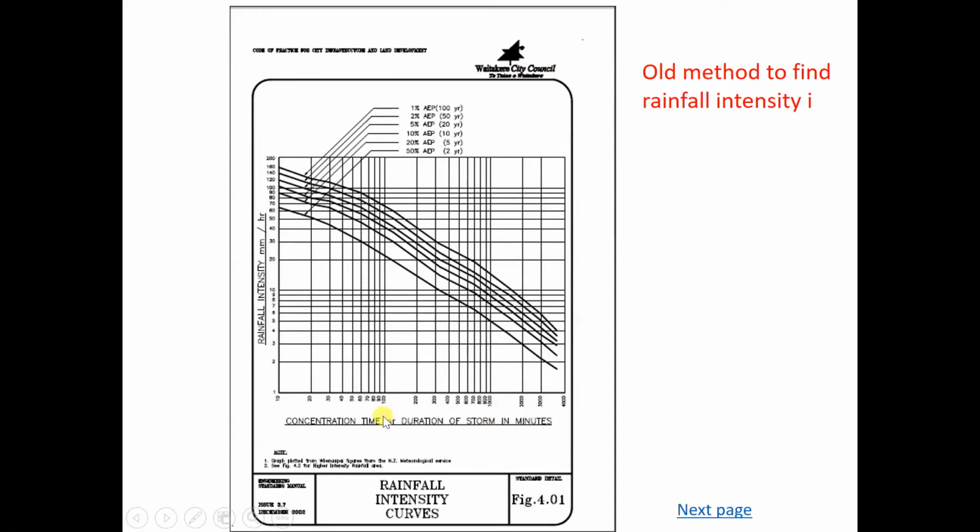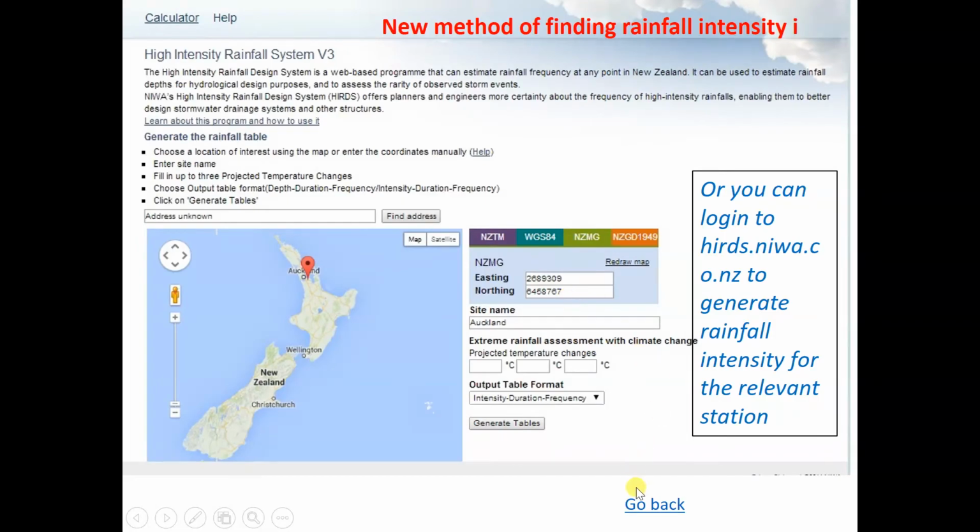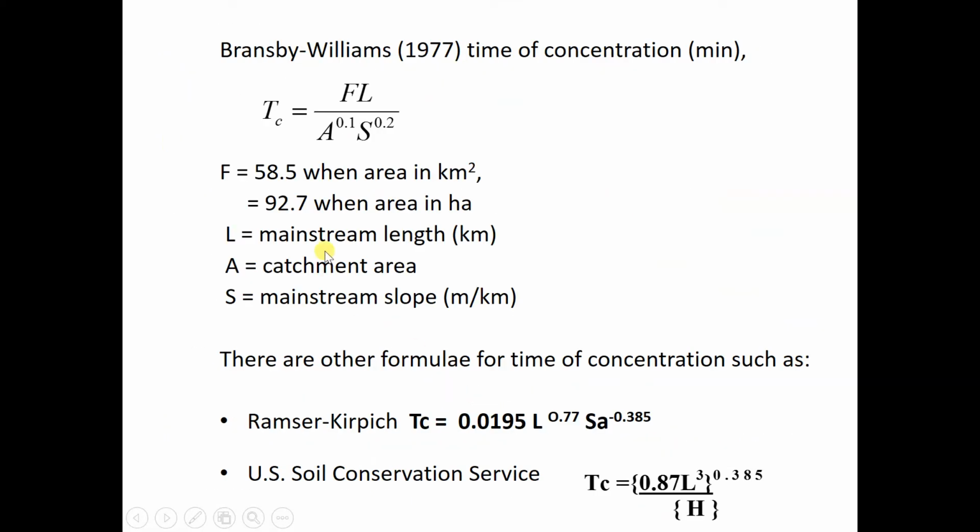It's a log chart, logarithm on the horizontal and vertical also log, and then you produce a lot of these curves. The bottom part is the concentration time, which you can find from Tc. This gives us the time of concentration.